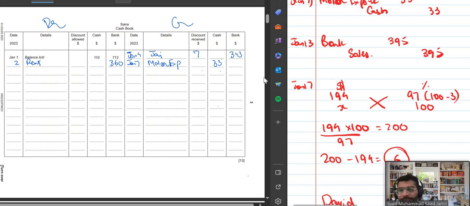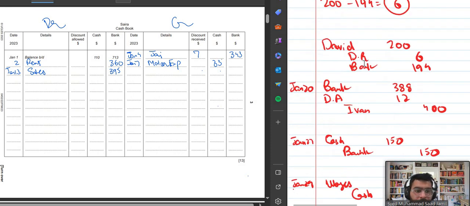Because of sales. So you will write Jan 13th, you will write sales, alright. How much? 395 in which column? Bank column.